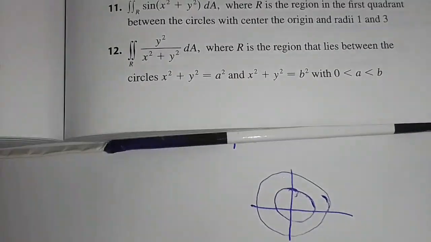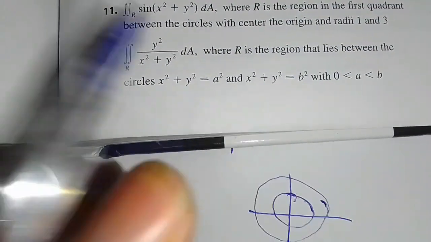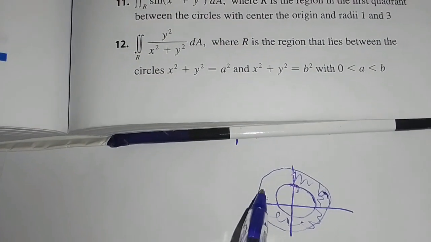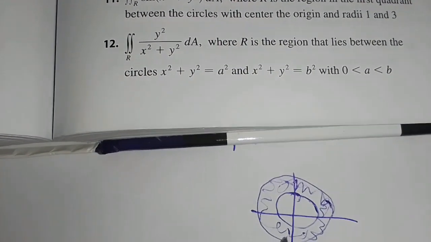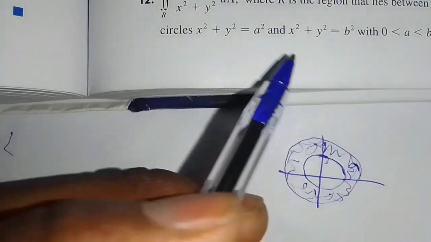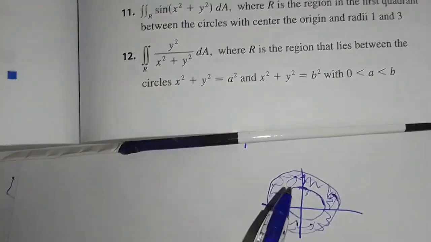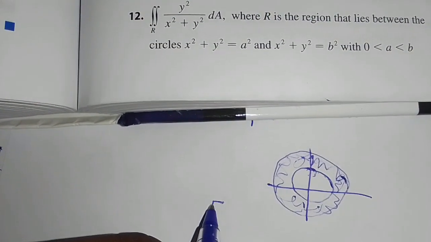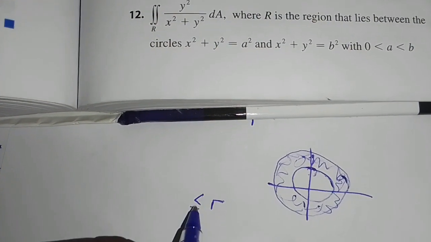So now R is the region that lies between. So this is basically the region where you're integrating through something like a donut. Well, yeah, kind of.